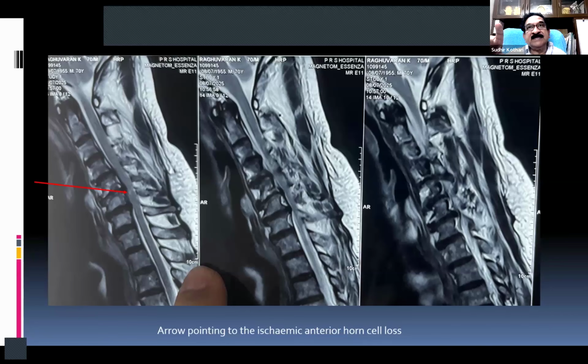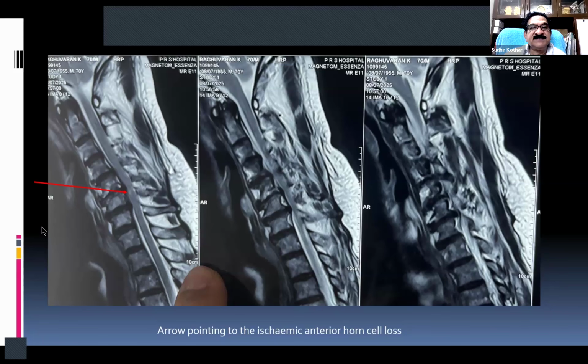Some time back I showed one case, during extension the compression is made prominent. And if the disc is anteriorly compressing, then you have to do the flexion movement. So whenever you get a suspected lesion in the cord at the cervical level, and you find the MRI apparently normal, don't stop with that. Do the flexion film as well as extension.